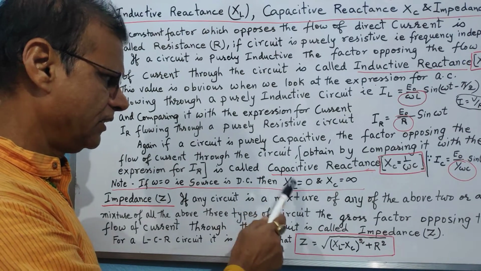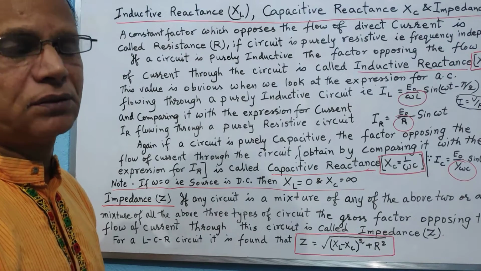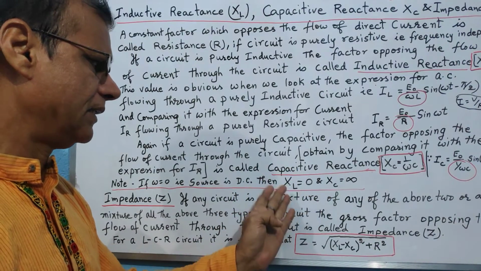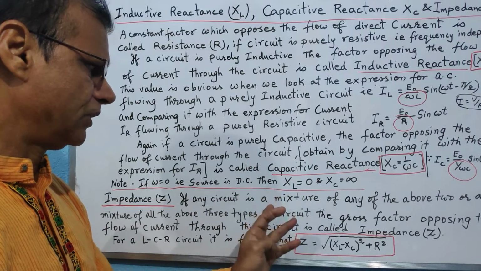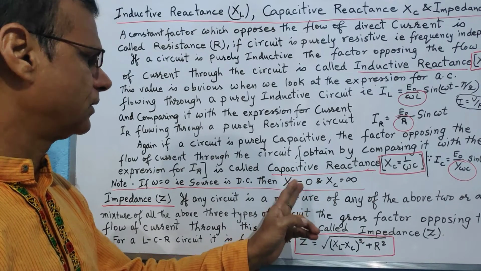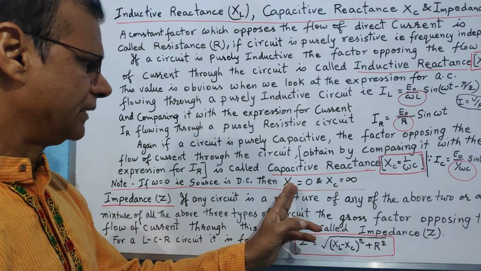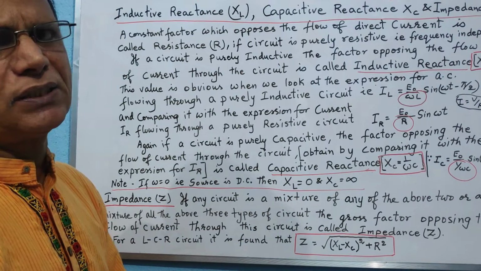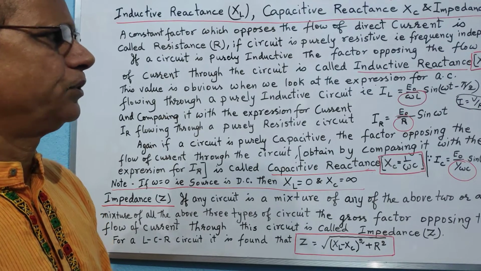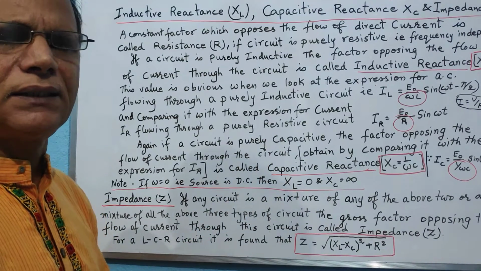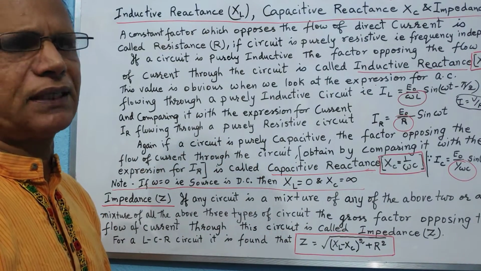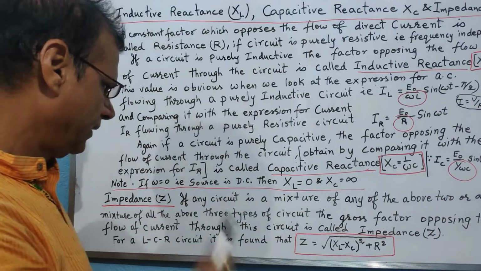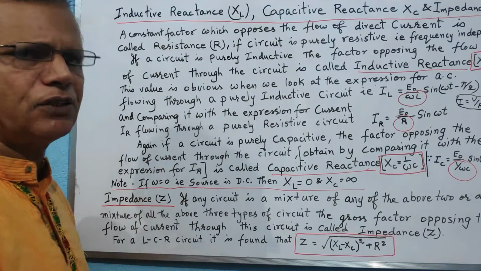Of course, this factor XL will become 0. So the total opposition will be the square root of XL square plus R square, and since XL is 0 here, it is only the pure resistance of the circuit that opposes the flow of current. It means the XL factor will have no play if we take omega equal to 0.